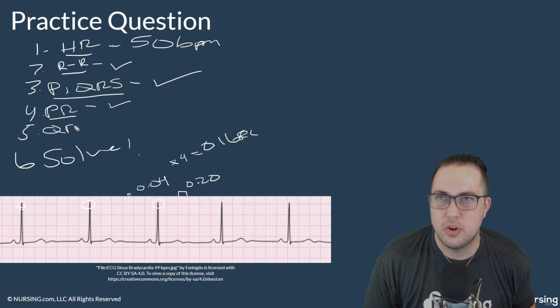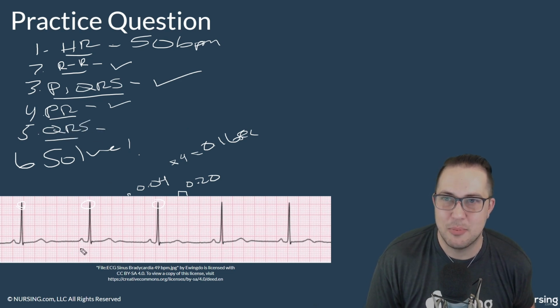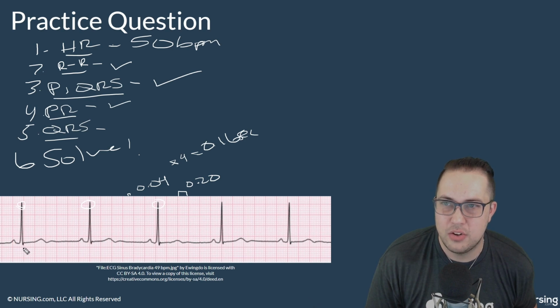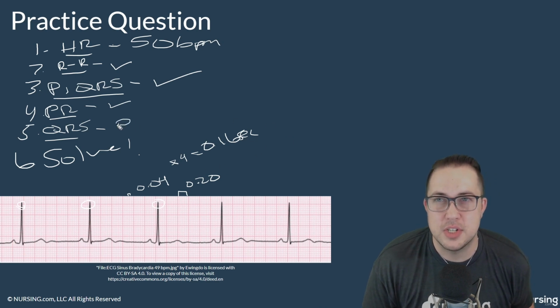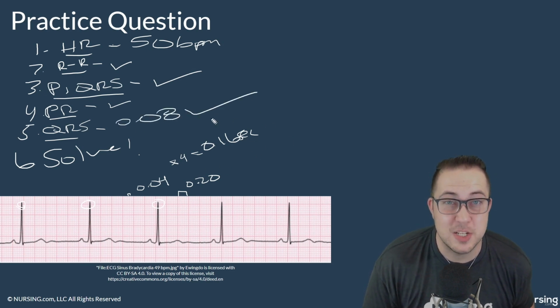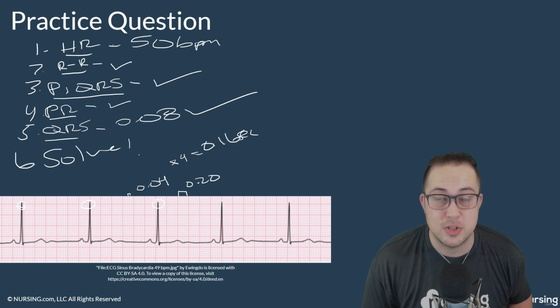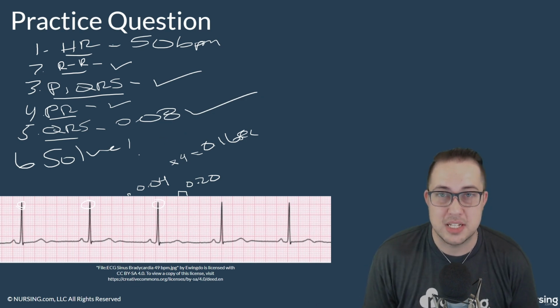And then we're going to take a look at our QRS complex length in this example. We're going to count our little squares. 1, 2. Let's try this one. 1, 2. So 0.04 times 2 is 0.08, which again is between 0.06 and 0.12. So we have a normal QRS complex length.